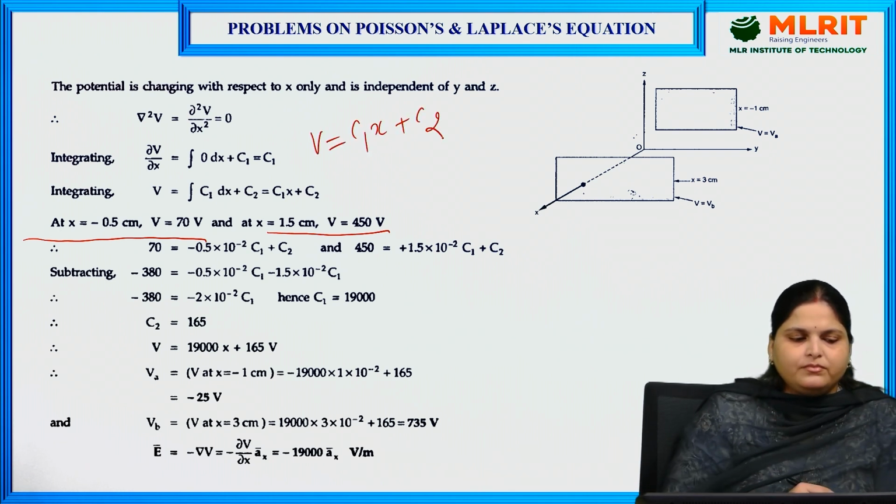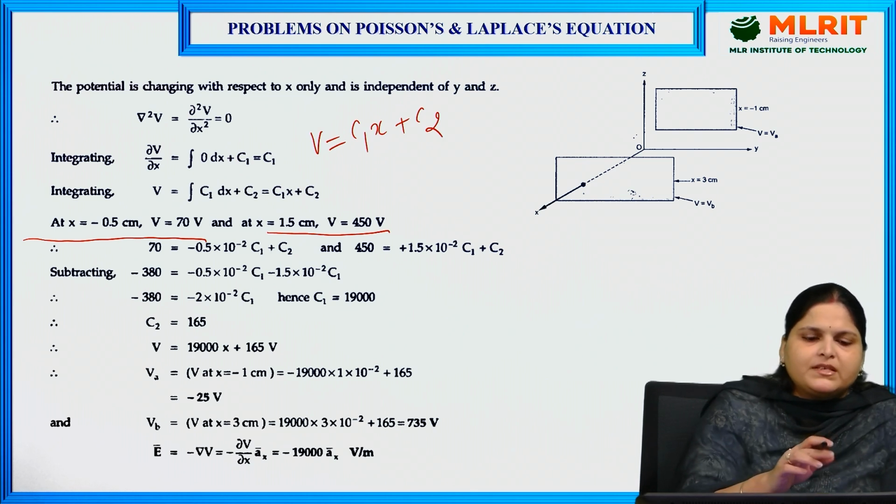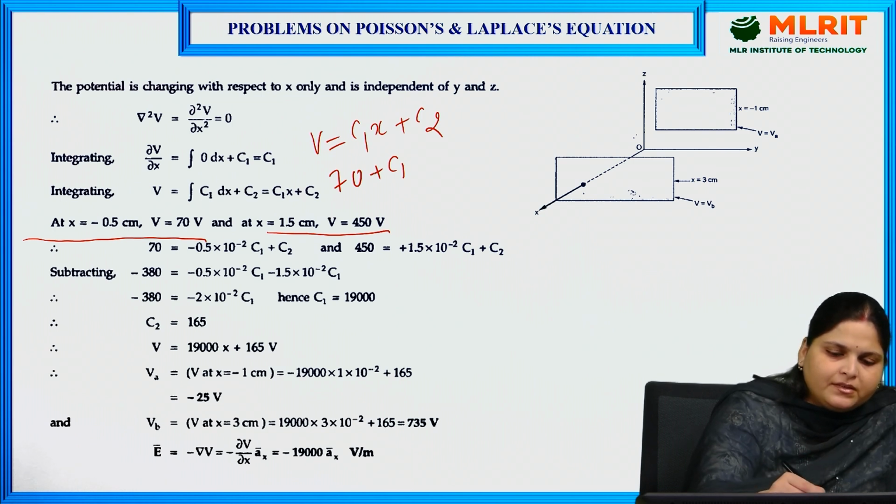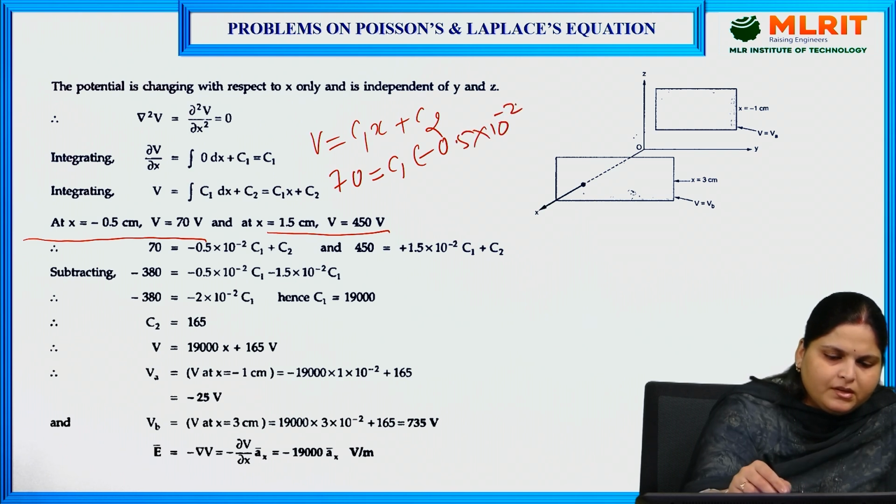So first let us put V is equals to 70 and x is equals to minus 0.5 centimeter. So this will become 70 is equals to C1 into minus 0.5 into 10 to the power minus 2 plus C2.